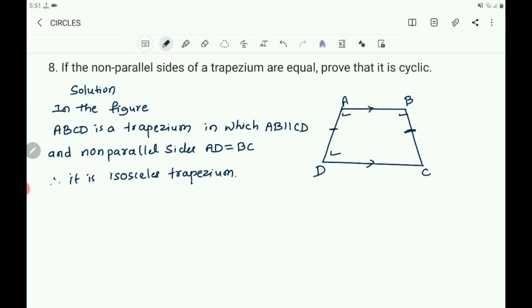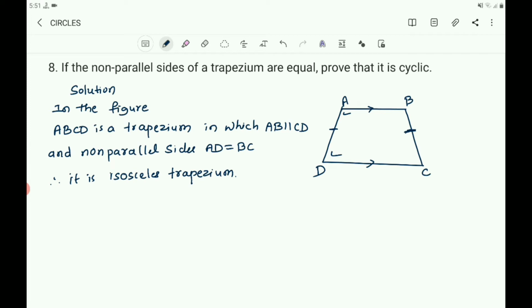Similarly, angle B and angle C are the interior angles on the same side of the transversal. The sum of these two angles is 180 degrees. Similarly, the sum of these two angles is also 180 degrees. According to the property of trapezium, angles at the ends of the non-parallel sides are supplementary, means their sum is 180 degrees.